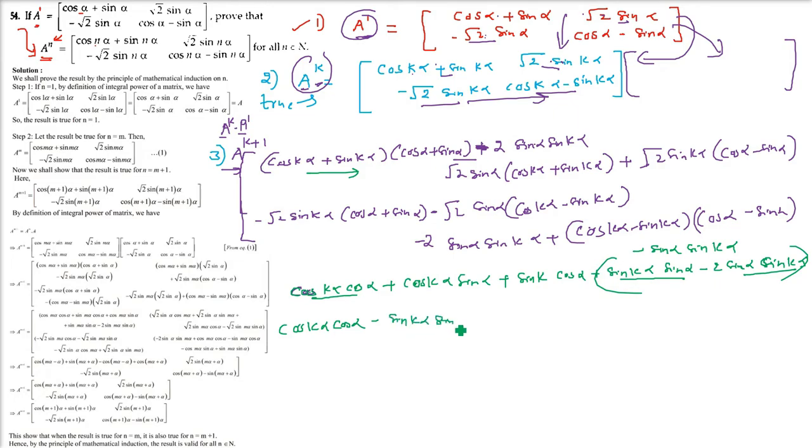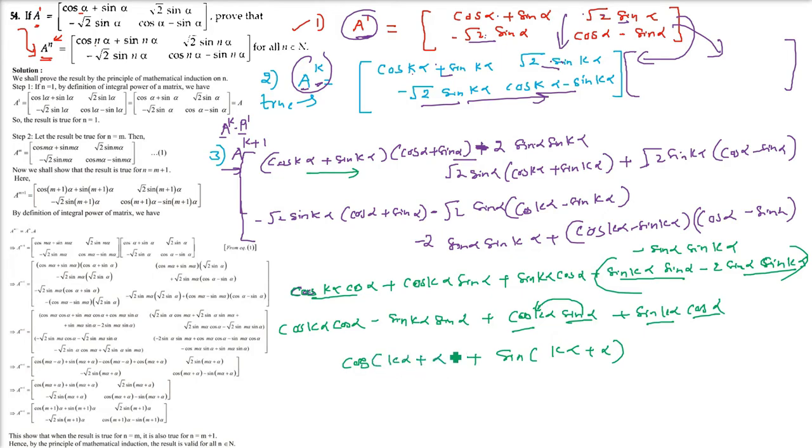So it is cos A cos B minus sin A sin B. Here we have cos k alpha sin alpha, that is the cos A sin B plus sin A cos B formula. So what do we get? The first one is cos A plus B, and the second one is sin A plus B. So this is sin of k alpha plus alpha. This one, cos A cos B minus sin A sin B, is cos A plus B. Just write cos of k alpha plus alpha.